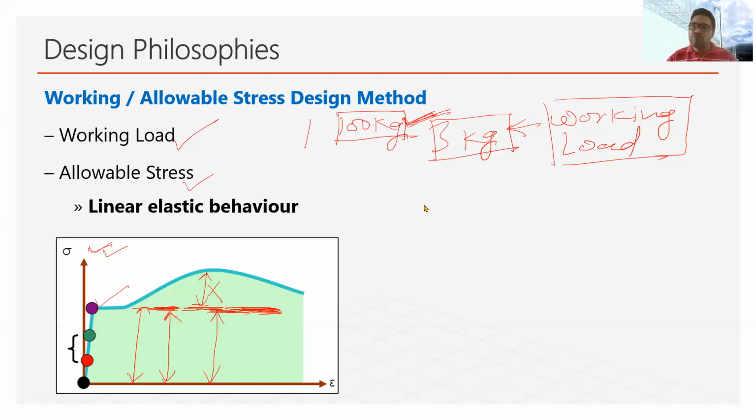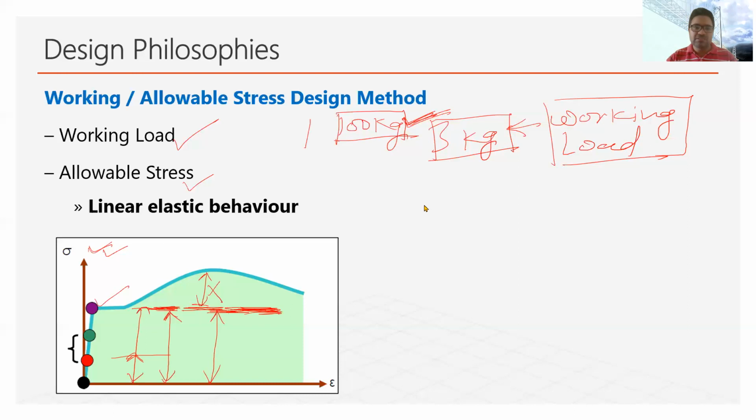So now we have to find that load which this steel can carry without failure. That load can be say the red dot. Corresponding to this red dot, this can be a load which this steel can carry without failure for its whole design life.